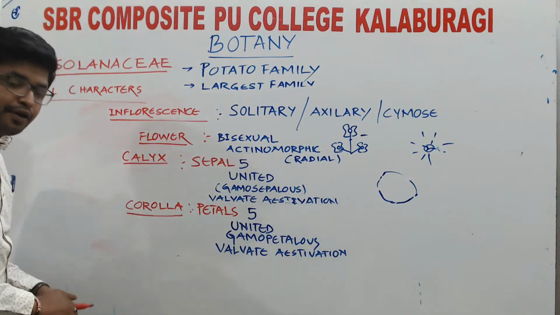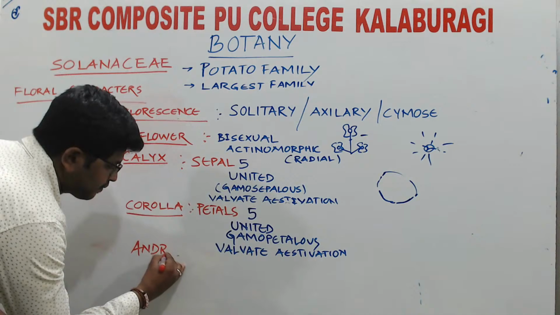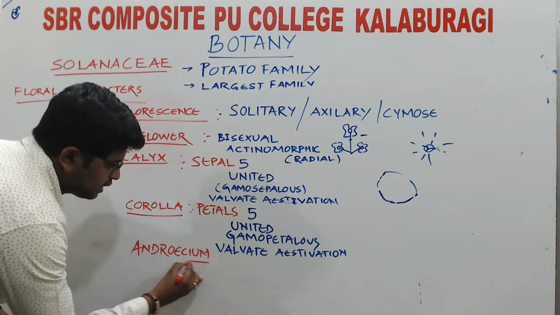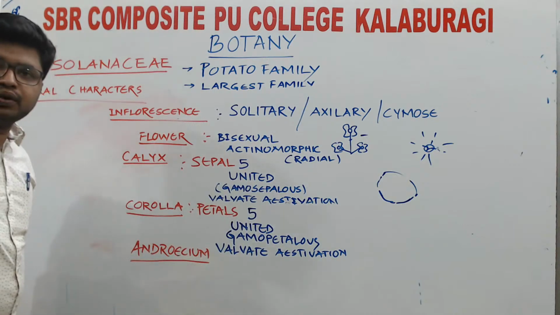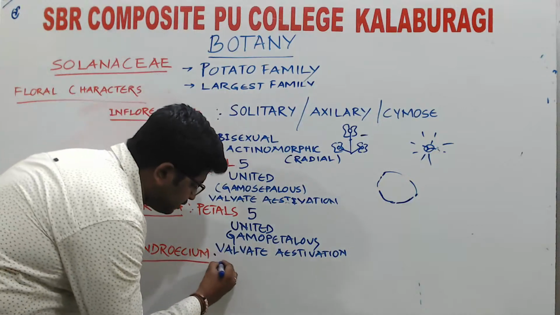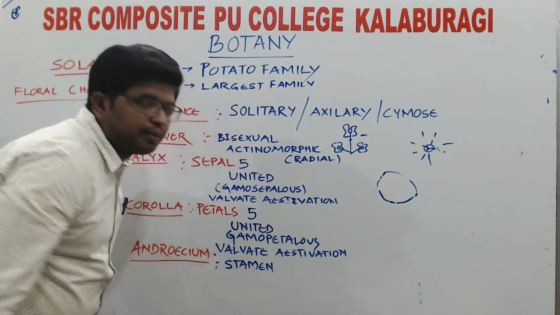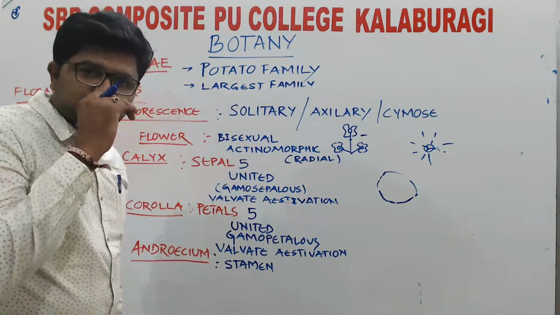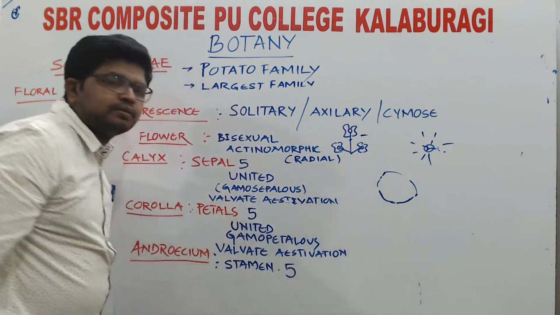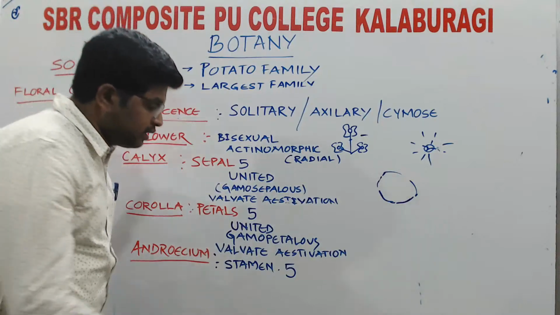The next is androecium. Androecium is a whorl. The individual member of the androecium is the stamen. How many stamens will you find? Generally in members of Solanaceae you will find 5 stamens. What kind of cohesion will they follow?